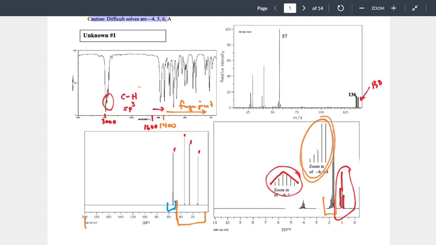Our splitting patterns are supposed to be symmetric. I would argue those 2 tall ones, equal intensity, look kind of like this one. Right? I would then also make the argument that this one is starting to look like one of these, where maybe it got shorter and underneath.